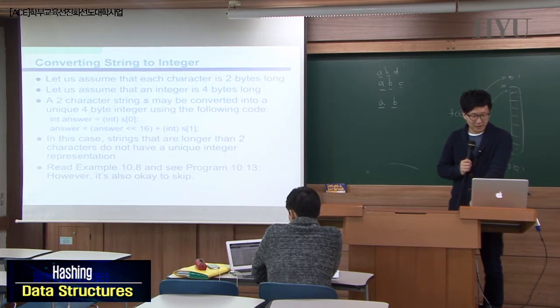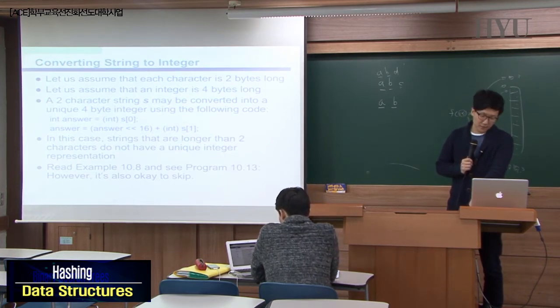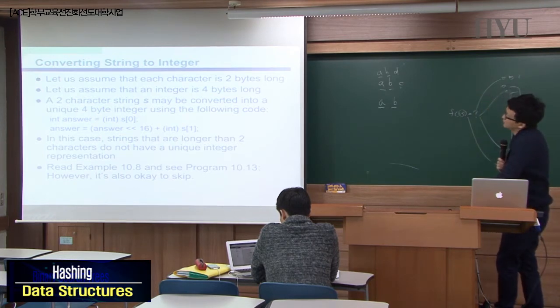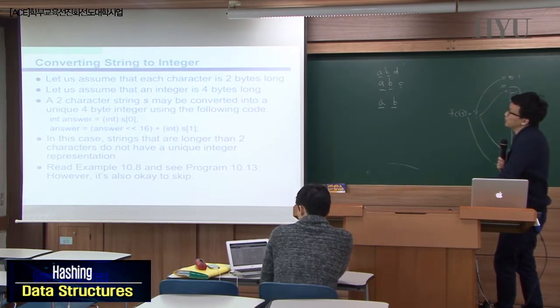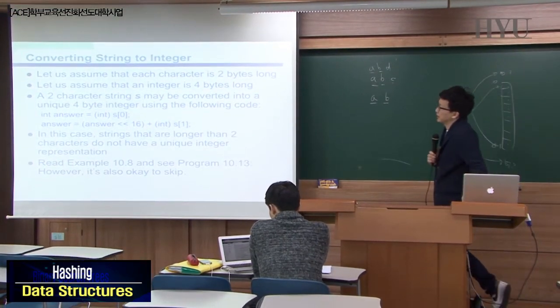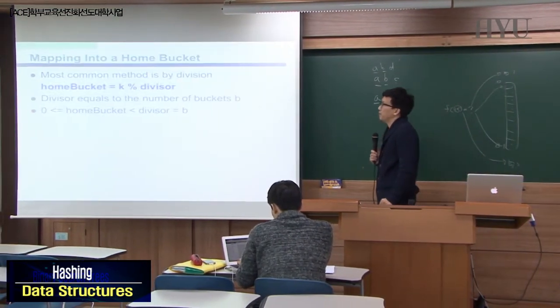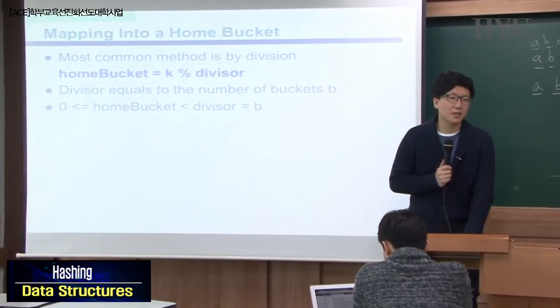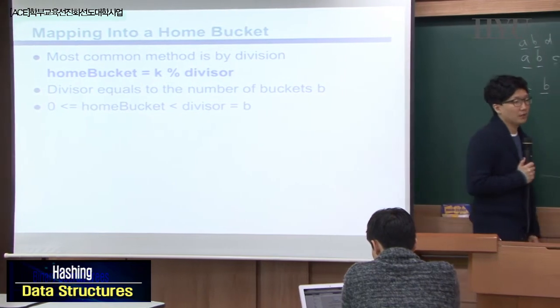So this is a bit more common than modular, I guess. No, modular is much more common. This is a bit more practical manner of doing it. So for mapping into a home bucket, the most common method is by division, modular.